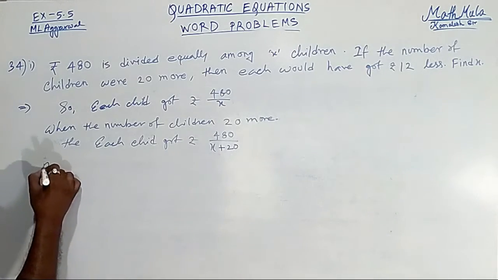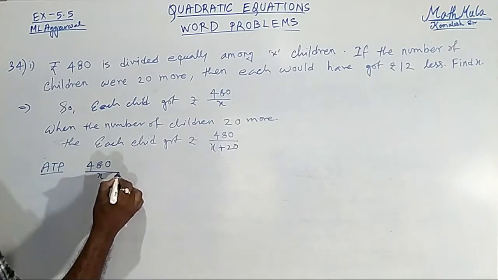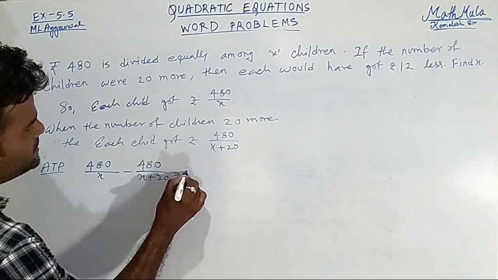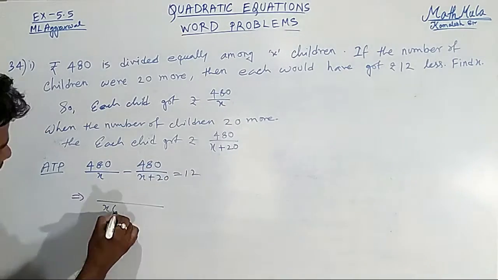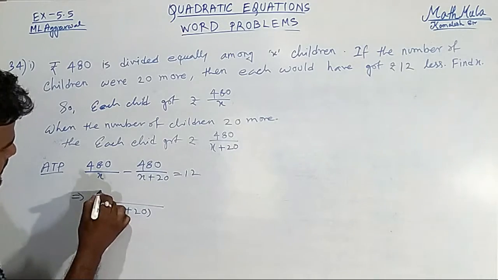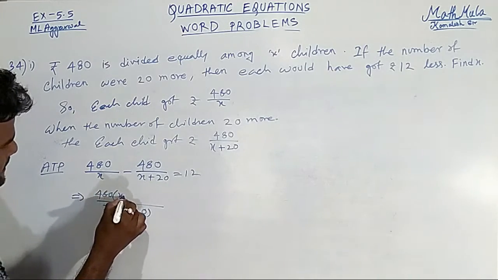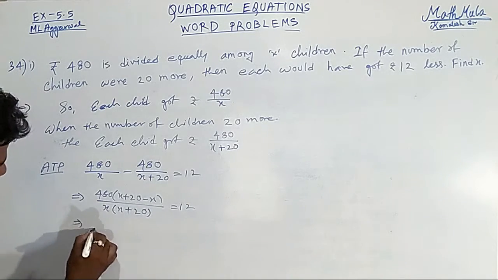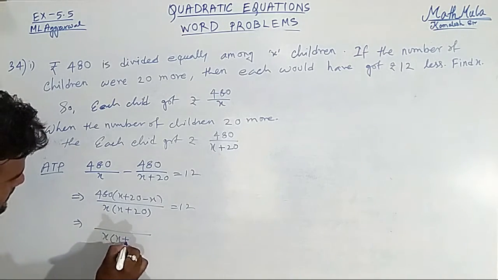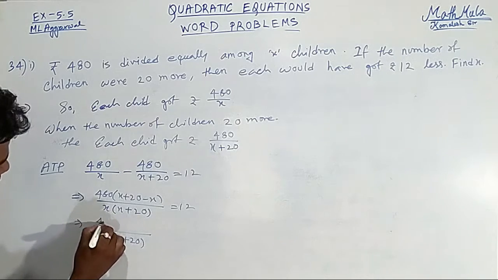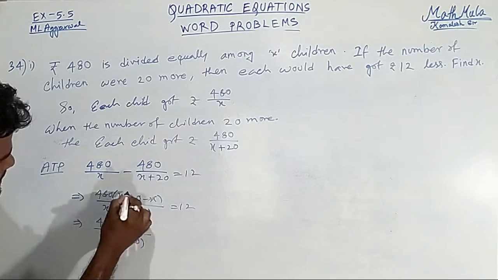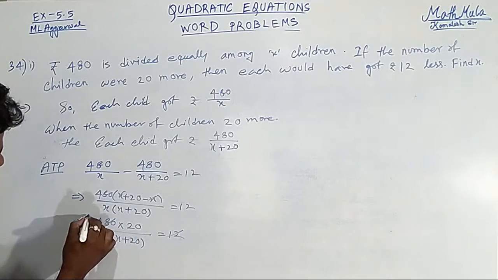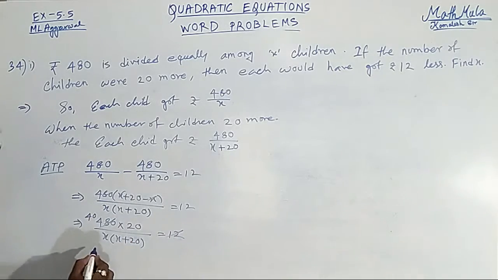Now according to the problem, 480 by x minus 480 by x plus 20 is equal to 12. Now solve this. x into x plus 20, and 480 is common, that is x plus 20 minus x is equal to 12. That implies x into x plus 20, and this is 480 into 20 is equal to 12, and 12 and 48 cancel, that is 40.